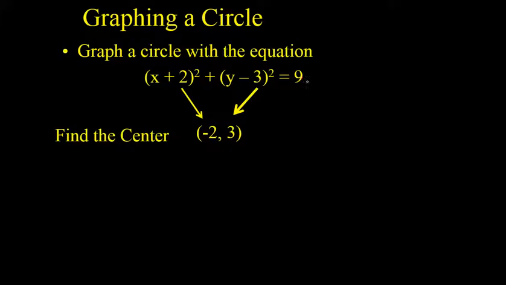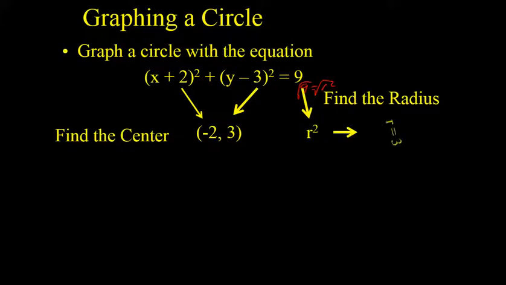So what is my r going to be? 9 is r squared. I want just r. So I got to take the square root. What's the square root of 9? It's 3.